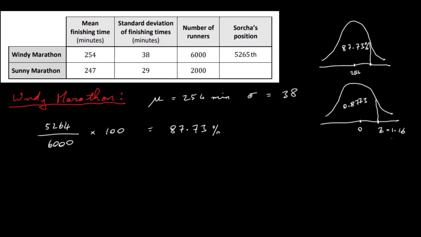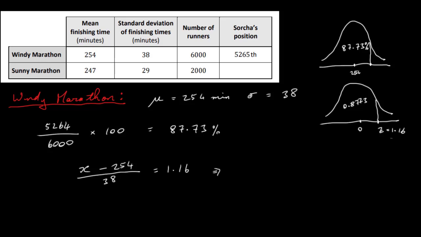Again, how would we work out that Z value? Well, we would take a certain time, subtract the mean, which is 254, and divide by the standard deviation, which is 38. And that should give us our 1.16. So we can work out the time it took her to run the windy marathon, which is x, by solving this equation.